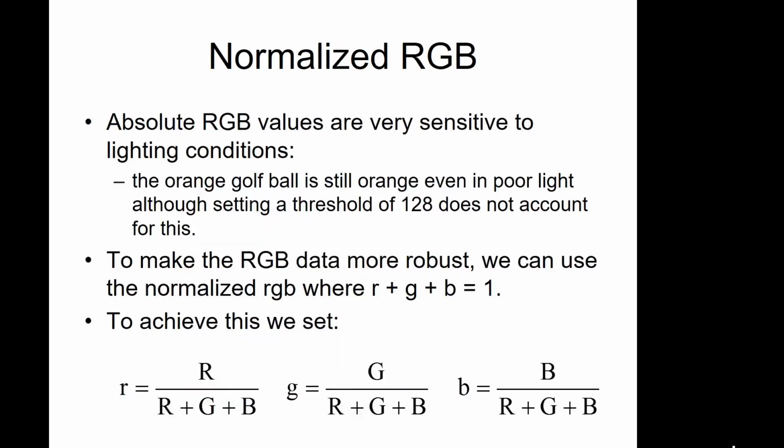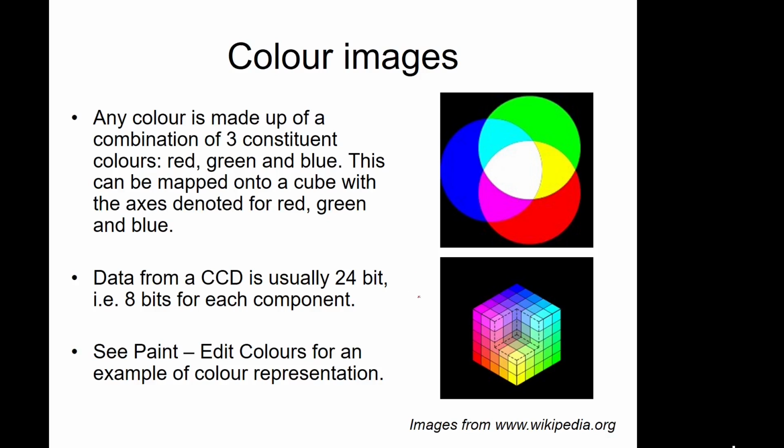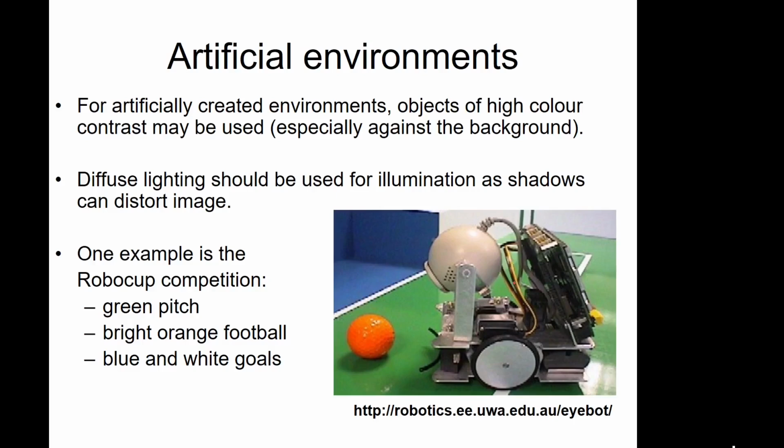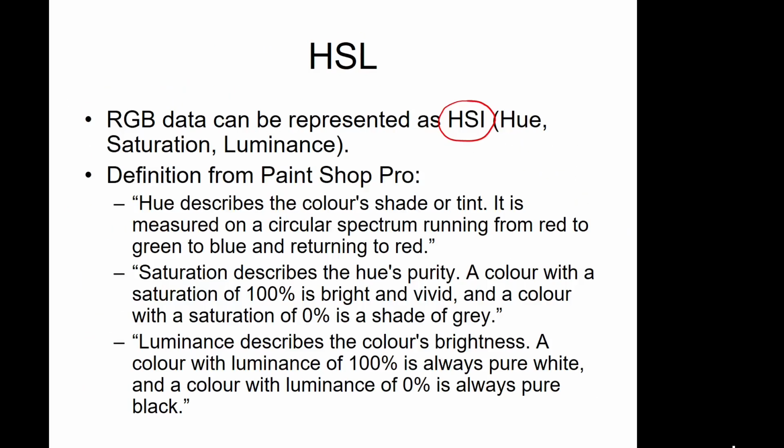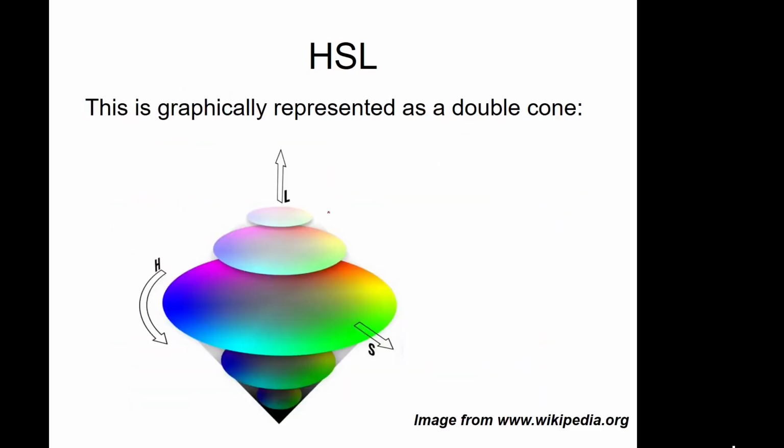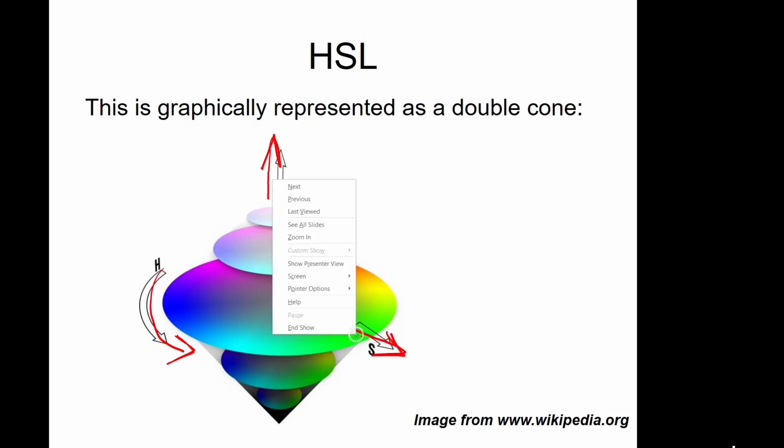But where we had our colour cube with our red, green and blue components, HSL is slightly different in so much as it's this shape, where you have an intensity in this direction, a hue, which is essentially the colour going around in a circle in this direction, and then the saturation or the quality of the colour going radially outwards. So it'll be grey within the centre, and then in this case it's going to be a very sharp bright green here.